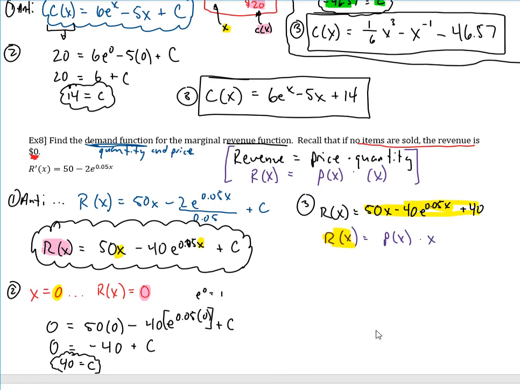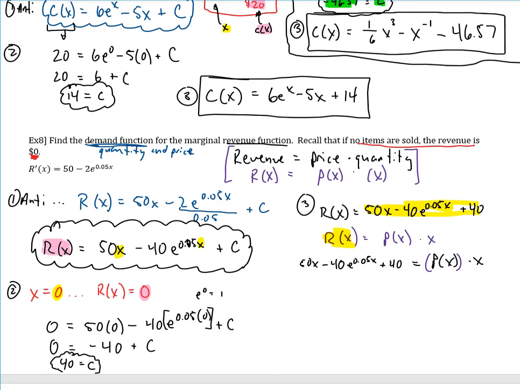So I have 50x minus 40 e to the 0.05 x plus 40 equals P of X, which is what we're trying to find. So I'm going to leave it as P of X. And then we still have times X.